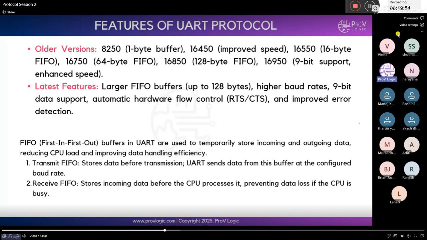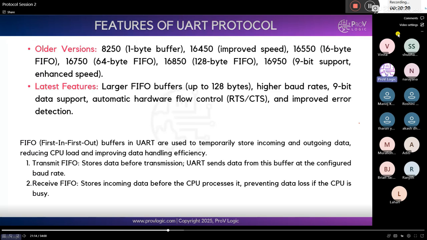Okay, so coming to this, FIFOs are mostly used, but you may have a doubt: why do we use FIFO? Whenever data is transmitted and received between the CPU and the UART or an external device, the FIFO stores the data before transmission, and it is then sent to the UART.